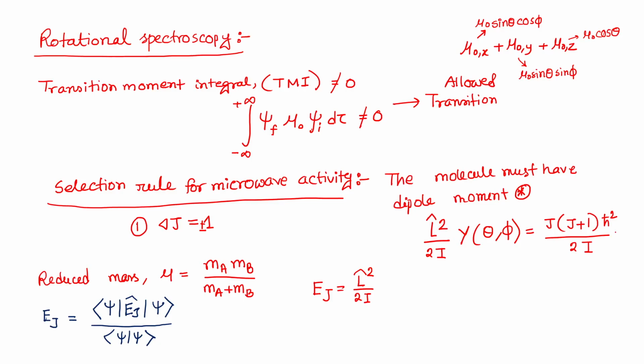Anyway, your energy is given by J into J plus 1 h cut square by 2I.